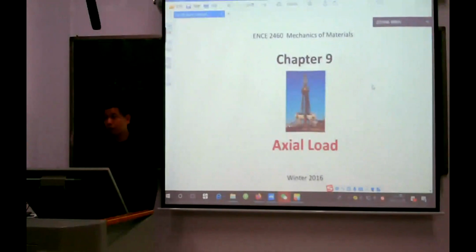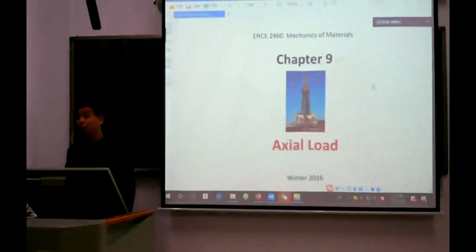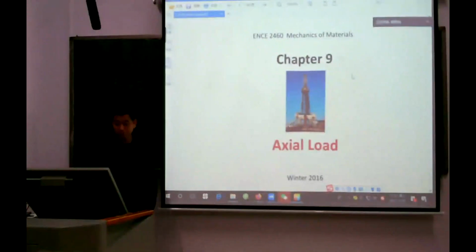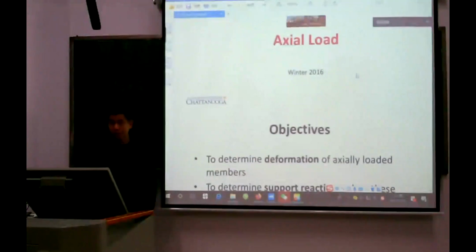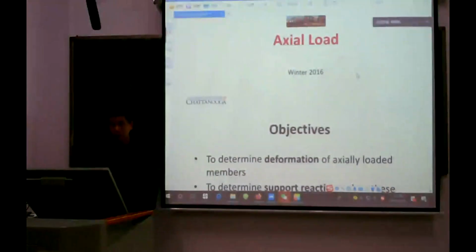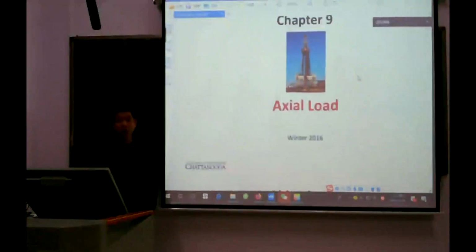Last lecture, I introduced an example of how to get the deformation, the elongation of an axial loading rod. Can you remember it? The picture.